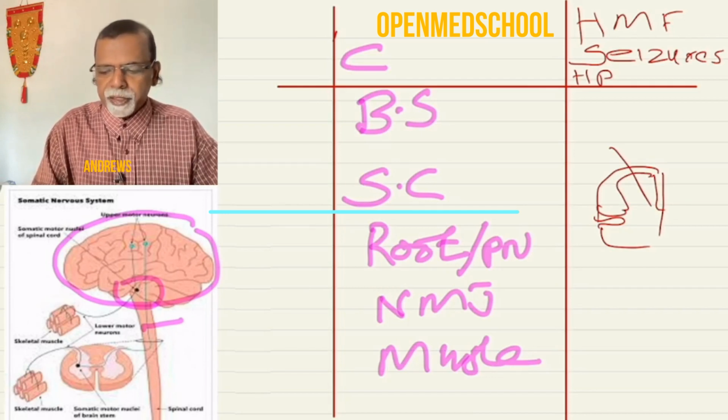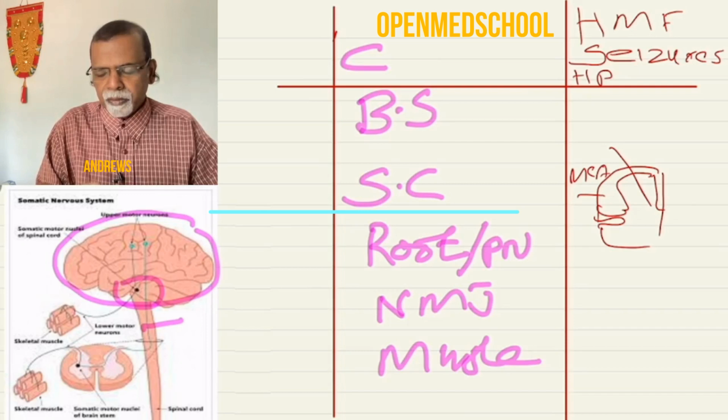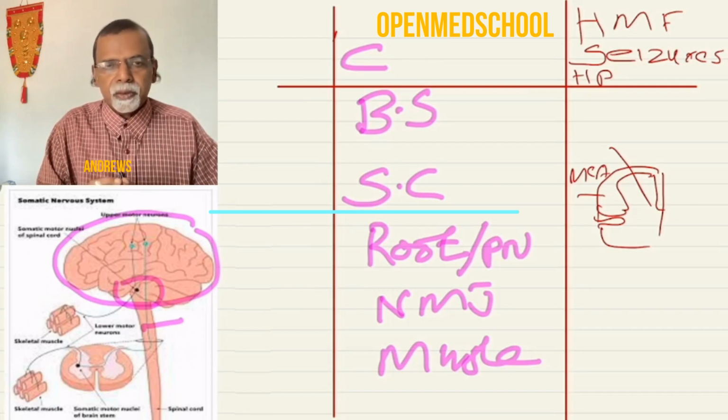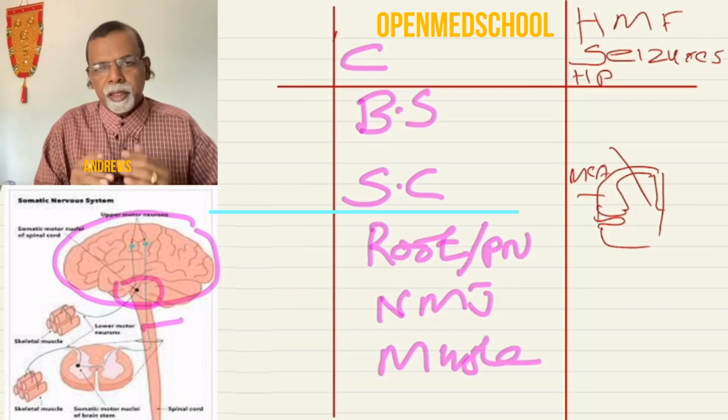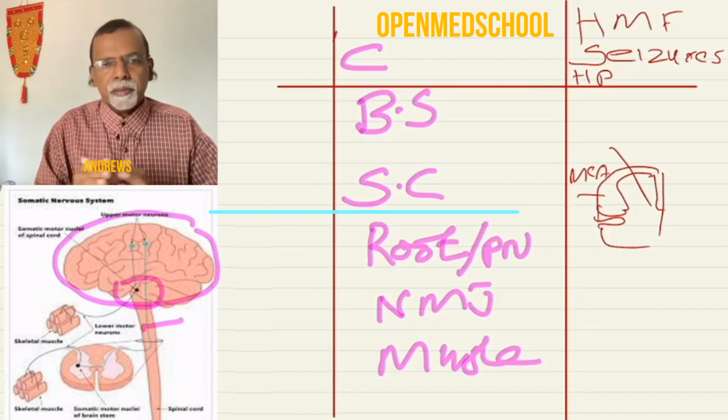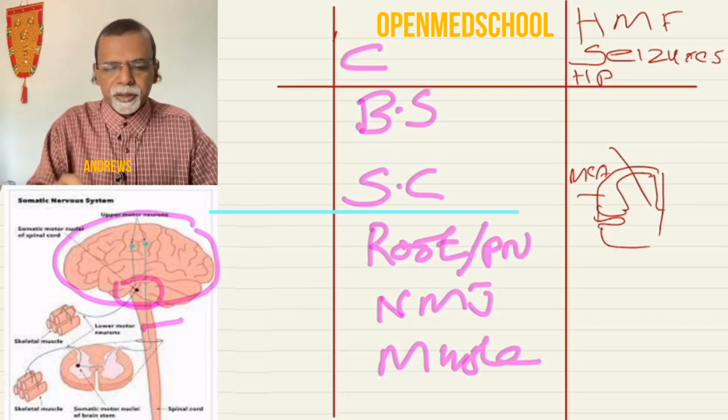Leg is by the ACA and the face is by MCA. So only an extensive problem can produce dense weakness. So hemiparesis in a cortical lesion is usually limited. That is, either you get a facial paresis, faciobrachial paresis, something like that. So this is the second point we have mentioned.